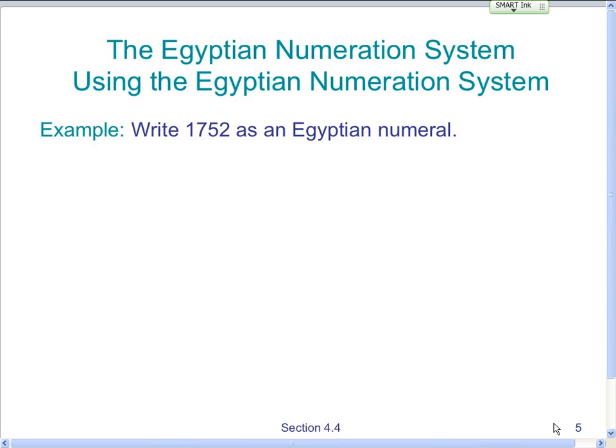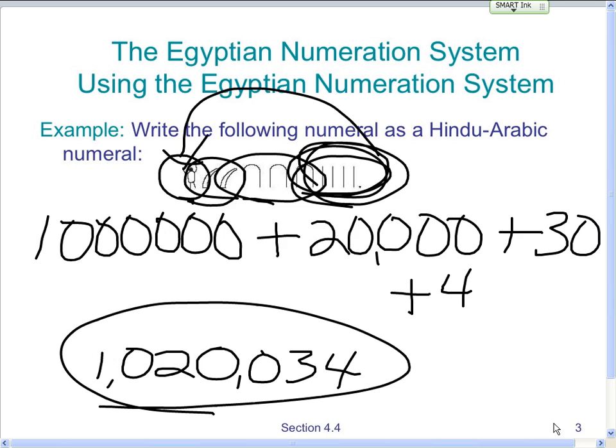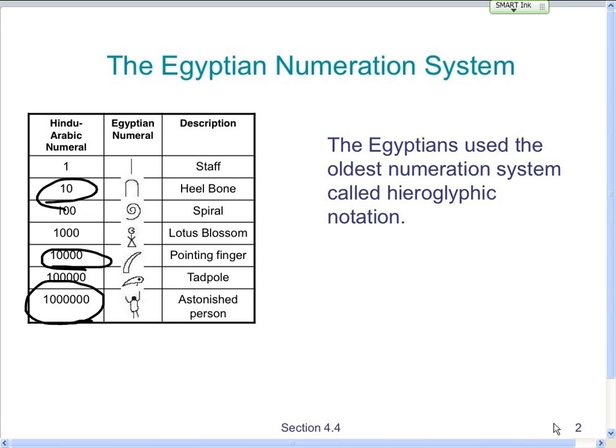Going the other direction, you want to write this as an Egyptian numeral. You just have to figure out what the symbol is for the 1,000, figure out what the symbol is for 100, for 50, and for the units for 1. So the symbol for 1,000, and I don't have this memorized, but is the quote-unquote lotus blossom.